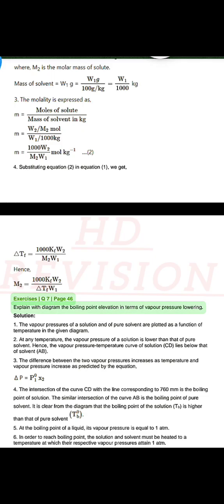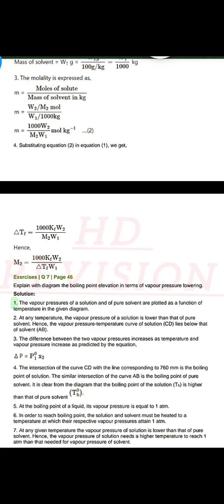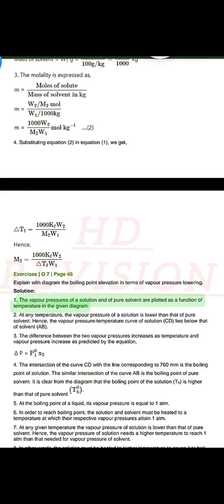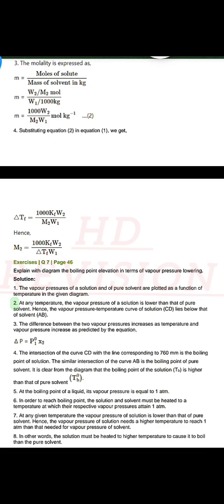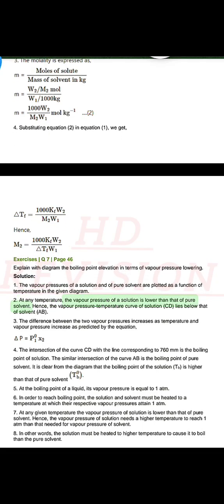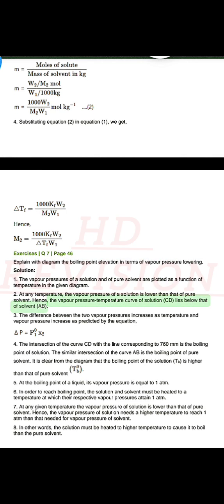Exercises Q7, page 46. Explain with diagram the boiling point elevation in terms of vapor pressure lowering. Solution: The vapor pressures of a solution and of pure solvent are plotted as a function of temperature in the given diagram. At any temperature, the vapor pressure of a solution is lower than that of pure solvent. Hence, the vapor pressure temperature curve of solution CD lies below that of solvent AB.